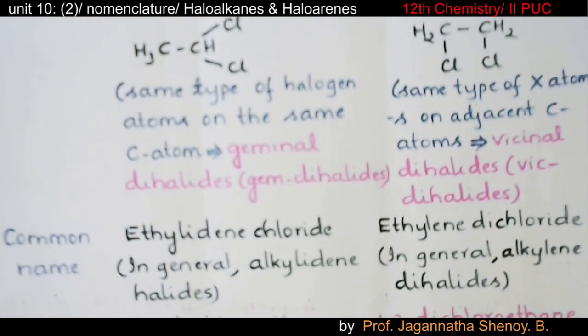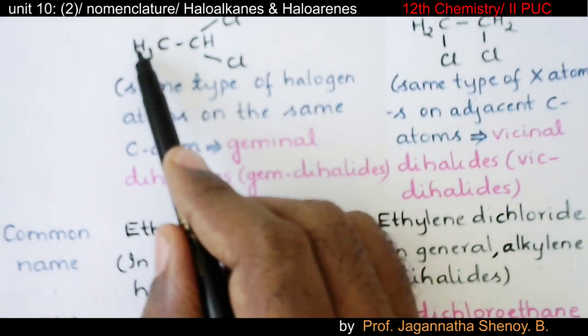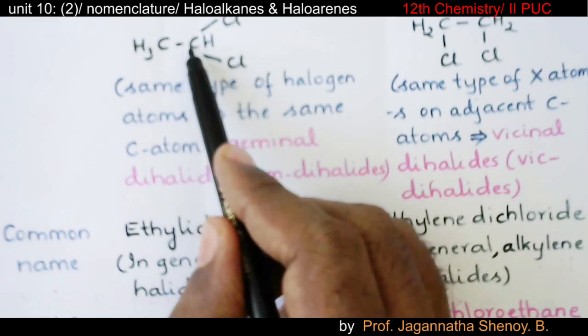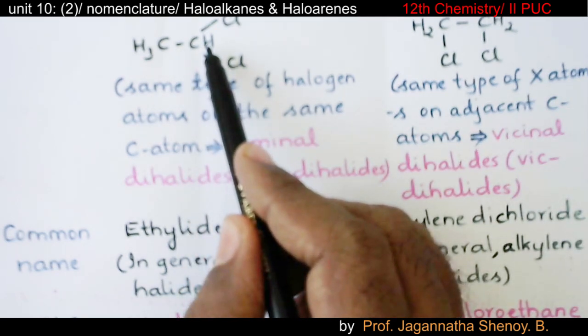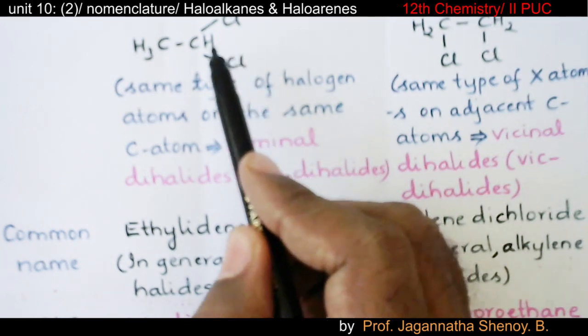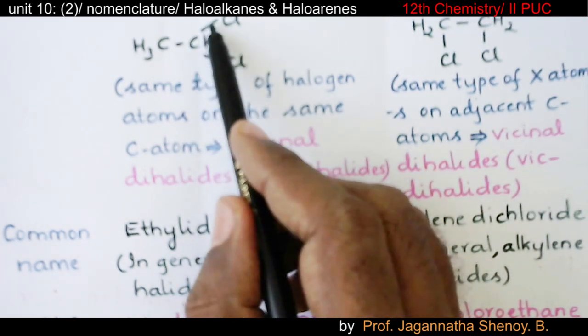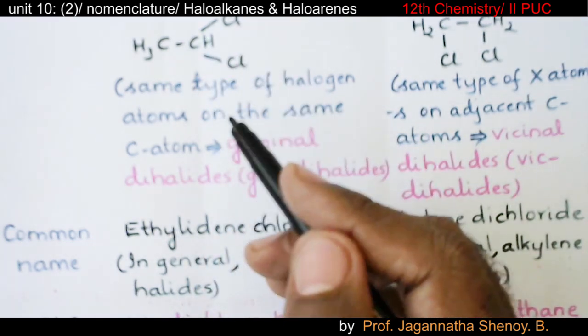So coming to the common name, you see in this case, you have a CH3 group, single bond, CH group. If these two chloro groups were not there on this carbon atom, I would be left with two unsatisfied valencies.